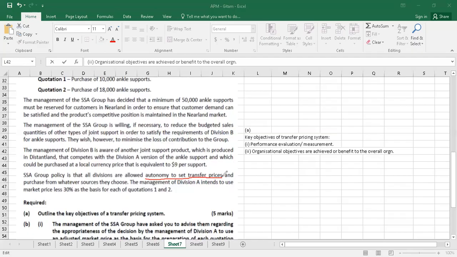So authority and accountability, both of them come into picture. So the top management can be relieved of those responsibilities. They can focus on other strategic decisions. The reason why they are divided into departments is to ensure that there is authority delegated as well as accountability brought into picture. So delegation of authority and accountability.